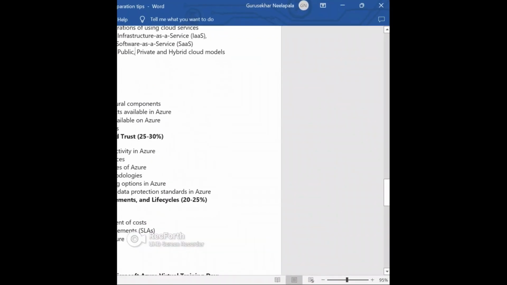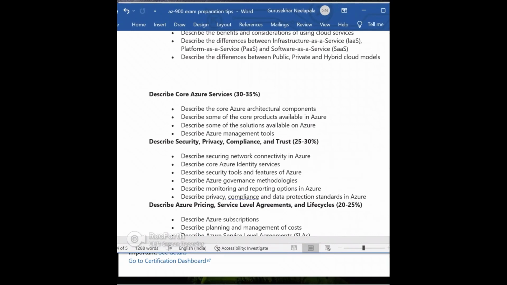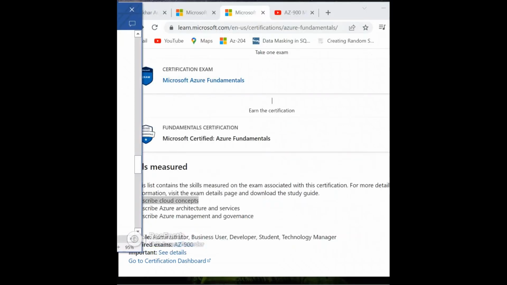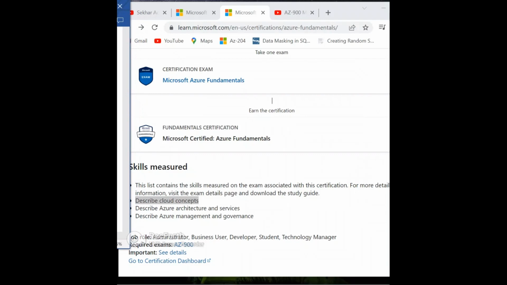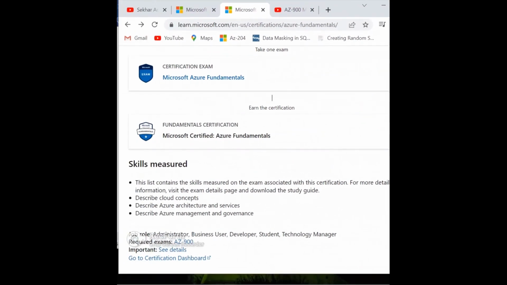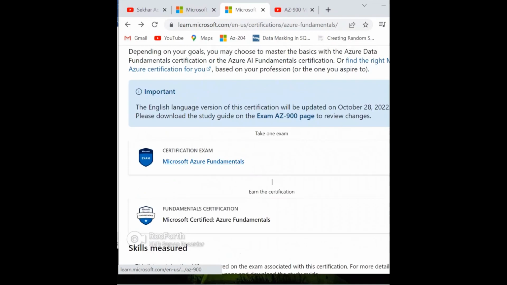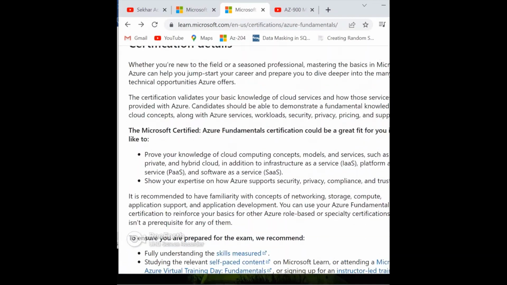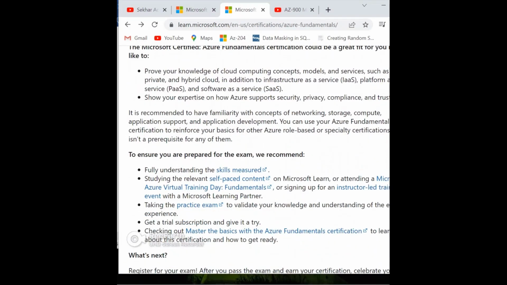And the next thing I'm going to tell here is how much the exam costs.